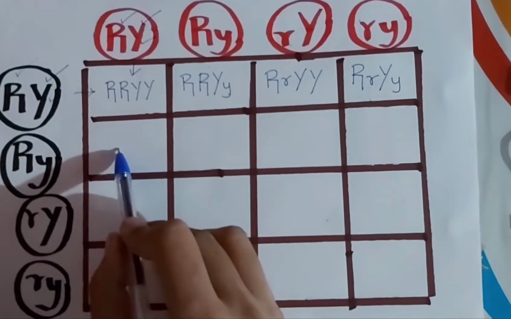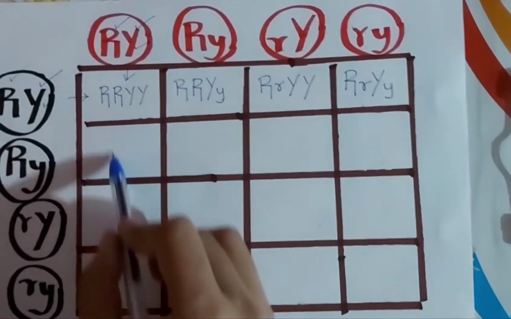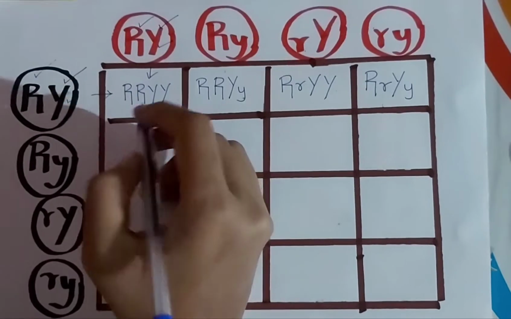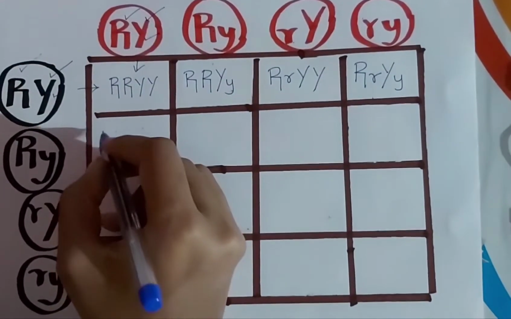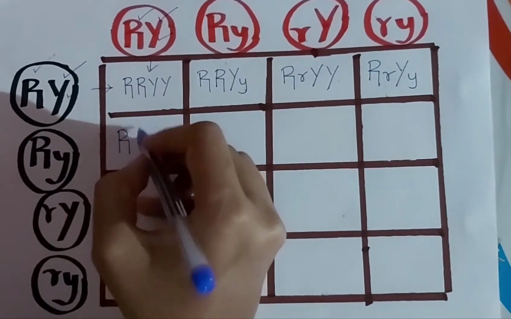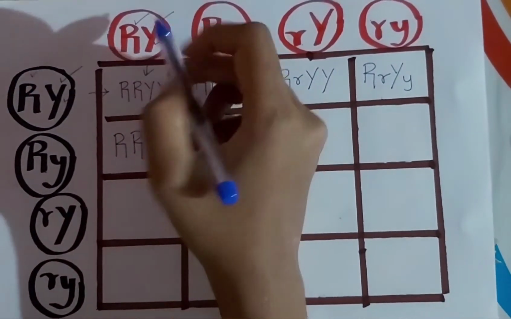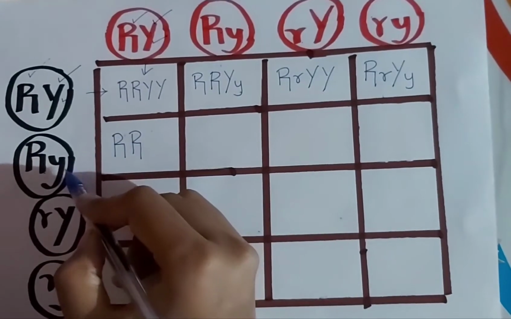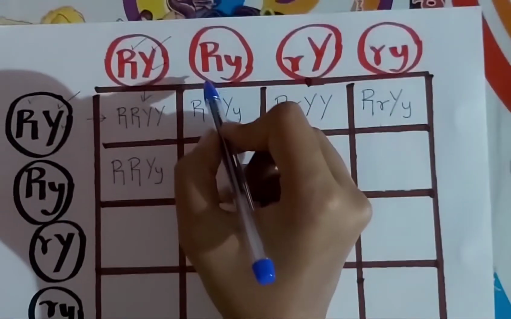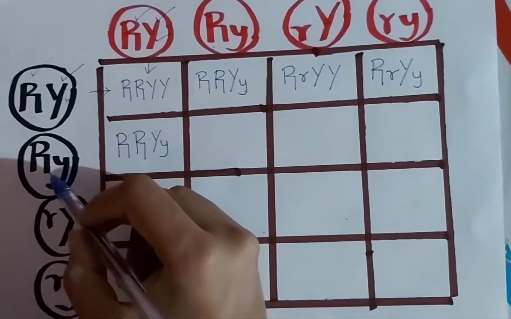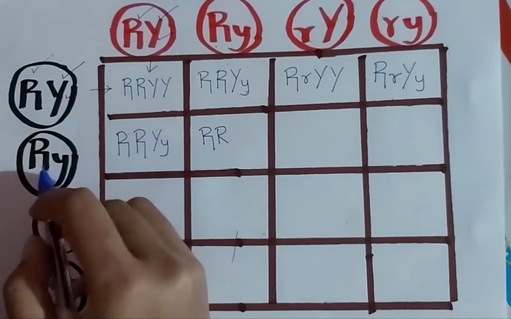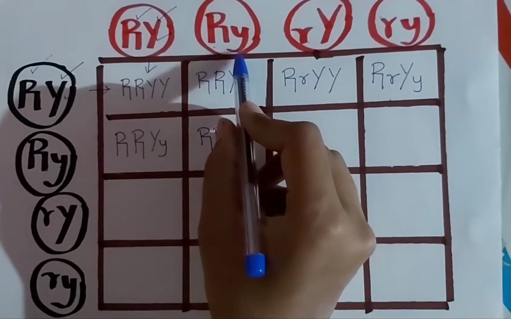And now this box also comes in this row and this column. Here it is capital R again, and here also it is capital R, and then capital Y, small y, right? And the same here, capital R and small y.